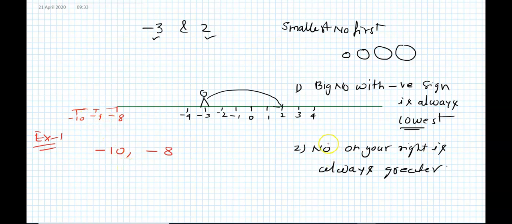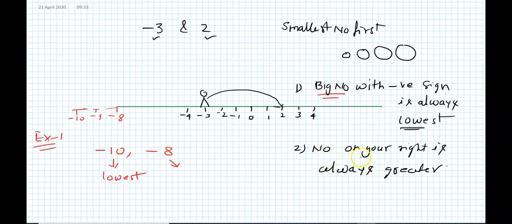If you follow the rule, between 10 and 8, ignore the minus sign. Which one is the big number? 10 is the big number, but with a negative sign, and a big number with a negative sign is always lowest. So -10 is the lowest number, and -8 is bigger than -10.